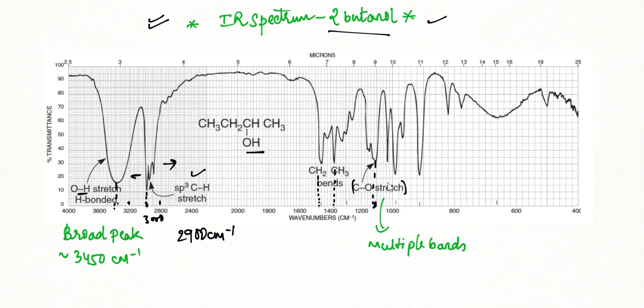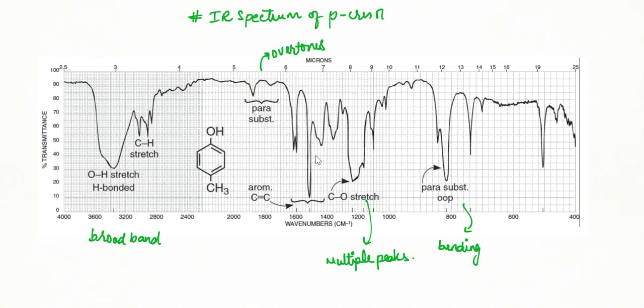All right. So now we are going to move forward and consider the structure determination of paracresol. We know what the structure of paracresol is, right? This is our OH and this is our CH3 right over here.